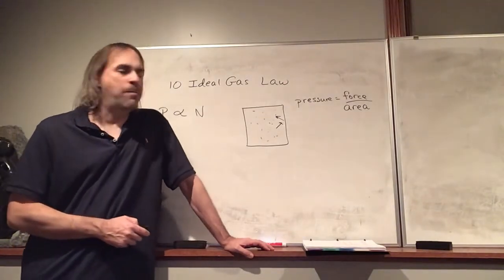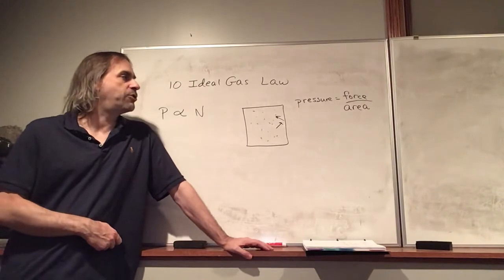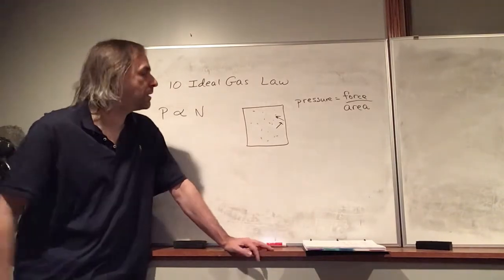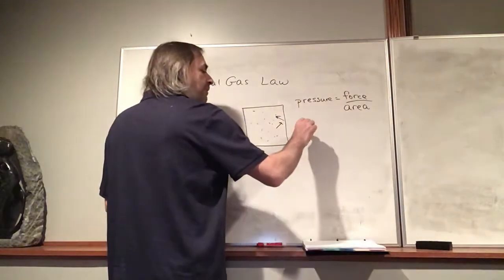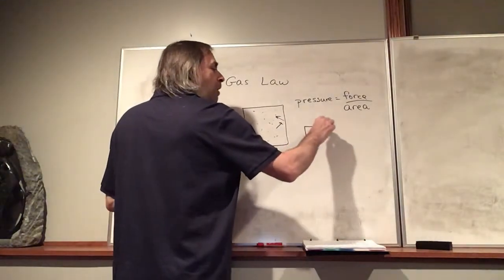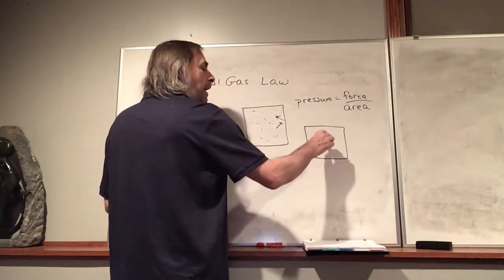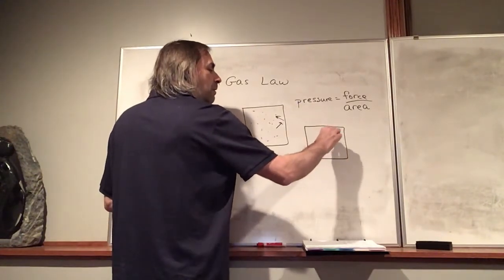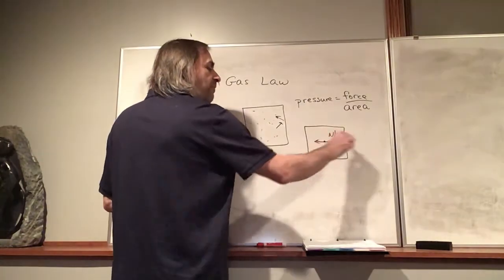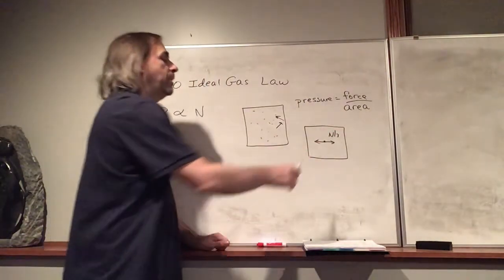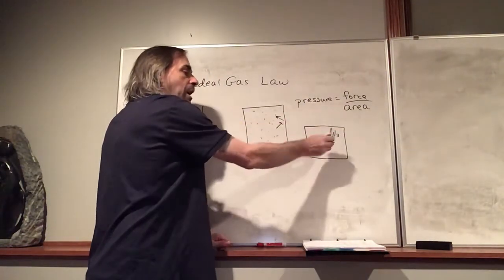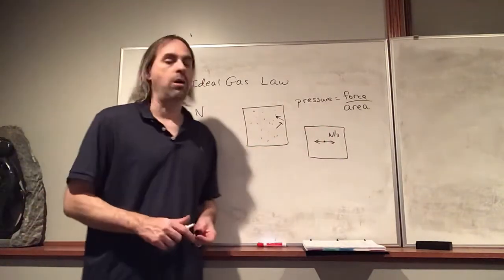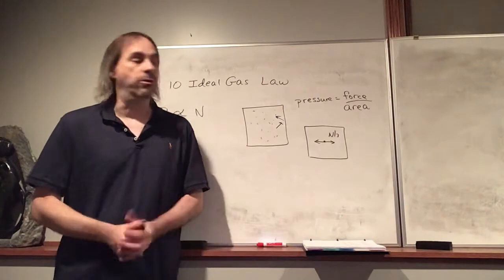Now, the book tries to show, and I'm kind of mixed on whether or not I like the book's approach to this. They say there are N molecules in the gas, and let's imagine N over 3 are bouncing back and forth in this direction, and a third are going in this direction, and the other third in the remaining direction, like they're all moving perpendicular to the walls, which is of course not true.